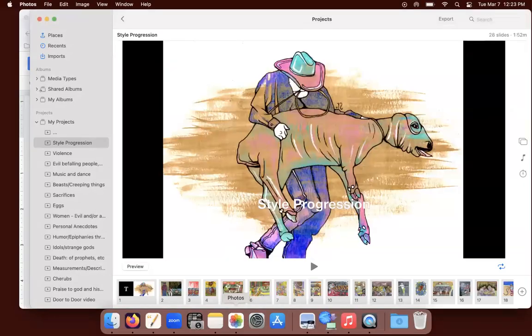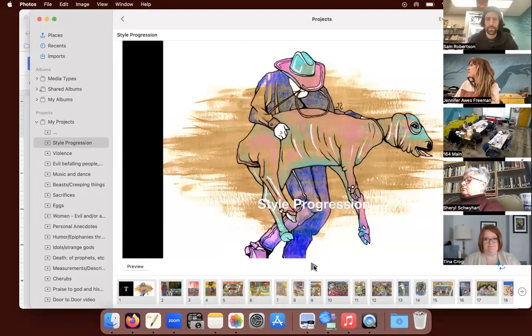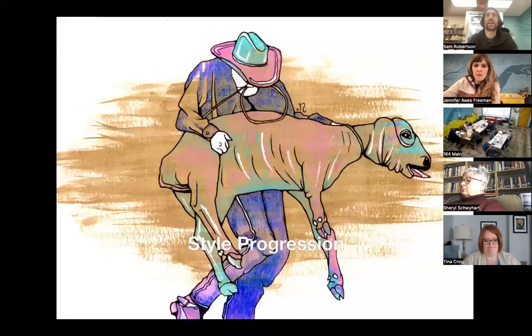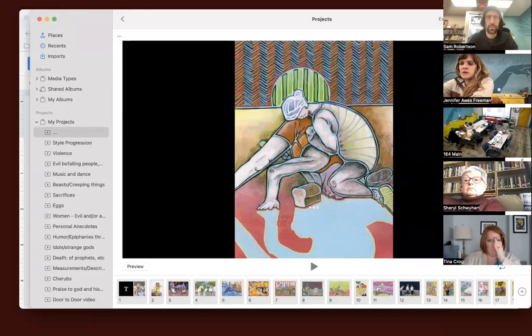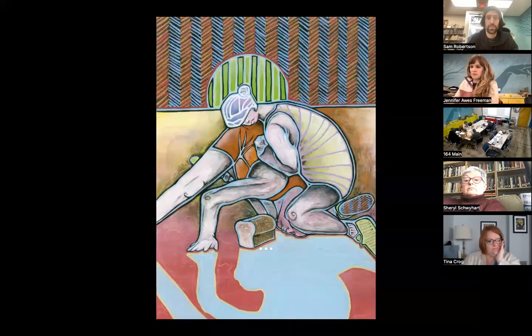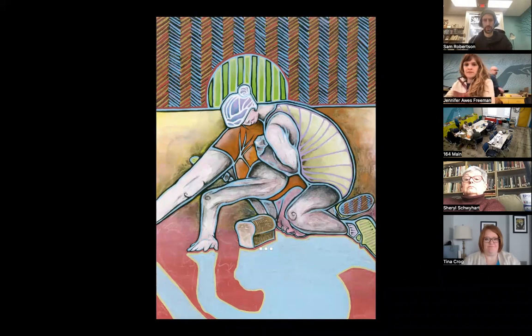Zoom, share screen. Okay, everyone can see that. So this will just kind of, wait, not this one, sorry. Okay, so these are just some selections out of the 257 illustrations.